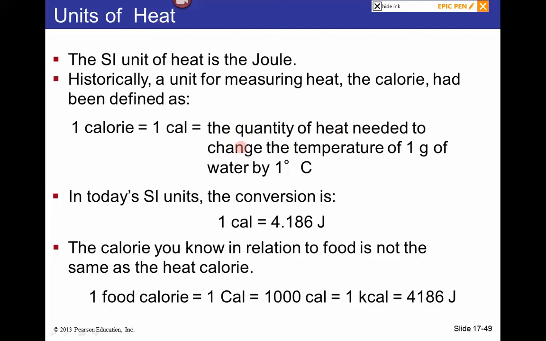We know today that these are energy units, so we can do a conversion between calories and joules, and 1 calorie is 4.186 joules. The calorie that you see on food labels in grocery stores is actually 1000 calories, 1 kilocalorie.